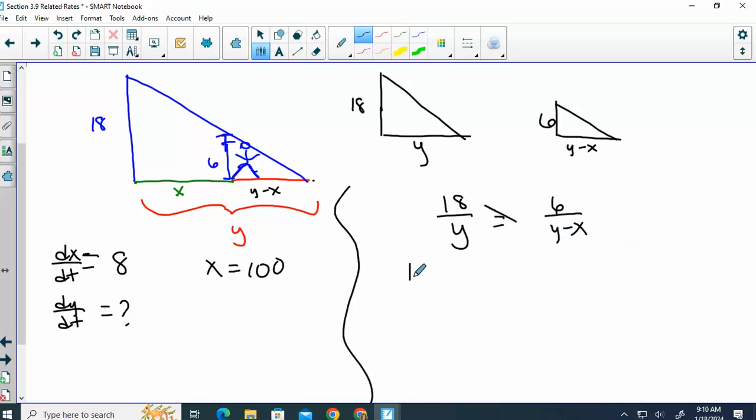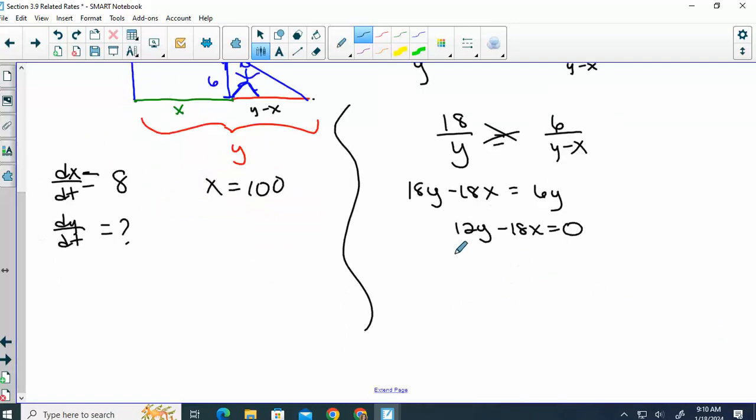So if I do that, if you really wanted to make life easy, couldn't we combine like terms? So I could subtract over my 6y. Okay, that's not bad. We could do this derivative.